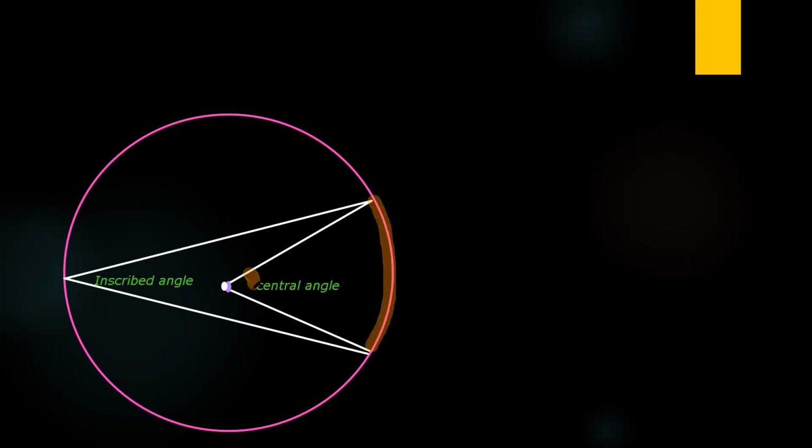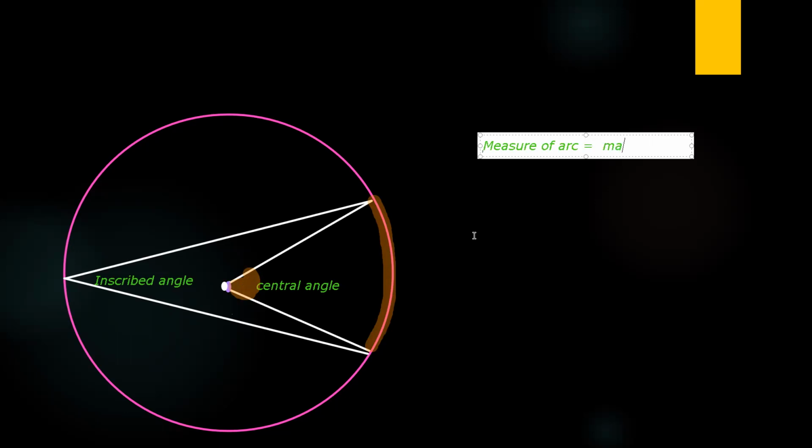Now, the central angle and the arc, what is the relation between them? If you want to find the measure of the arc, do you remember what we said? How do you measure the arc?